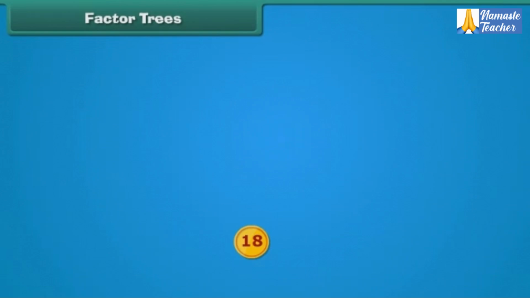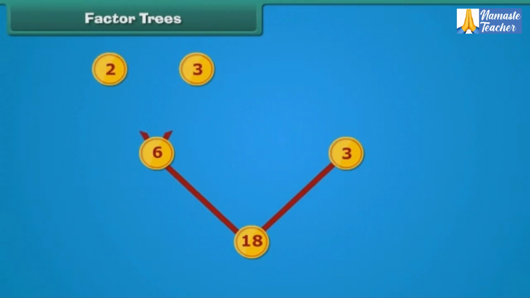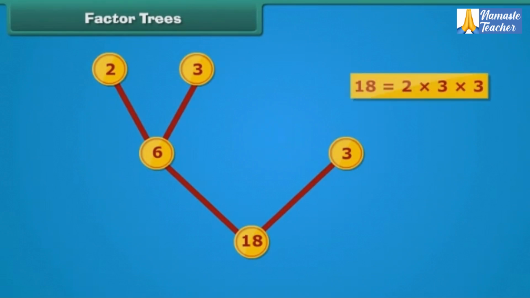Mark one as 6 and the other as 3. 6 can be written as the product of 2 and 3. We draw two branches from 6. Mark one as 2 and the other as 3. The factor tree is complete. We can again write 18 as the product of 2, 3 and 3.